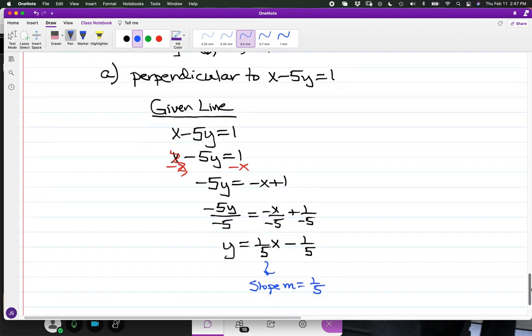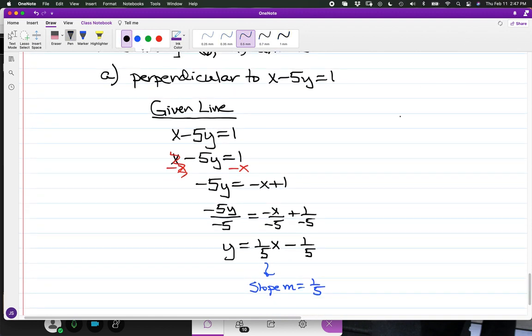And for the perpendicular line, again, the slope values will have opposite sign reciprocal relations. So we had the slope of the given line at 1/5, and for the perpendicular, that slope is going to be minus 5.